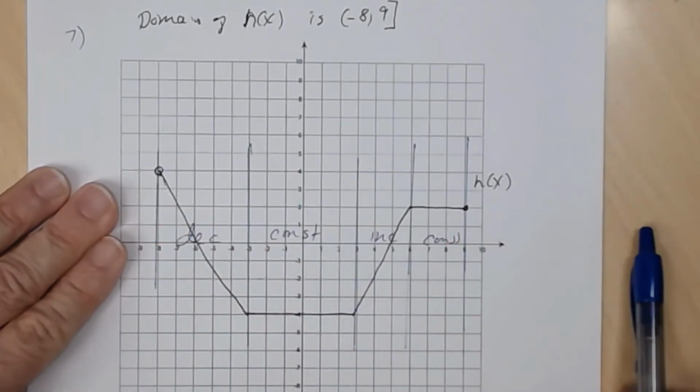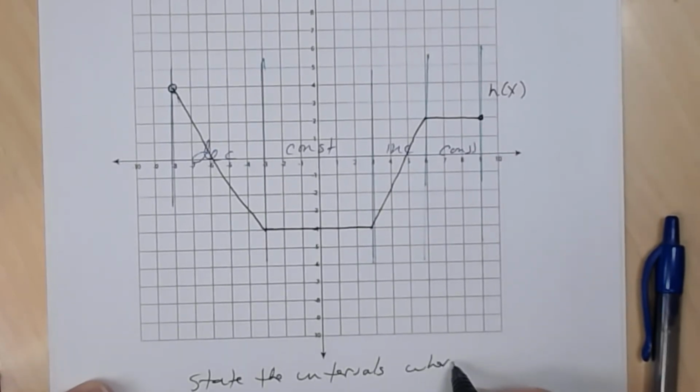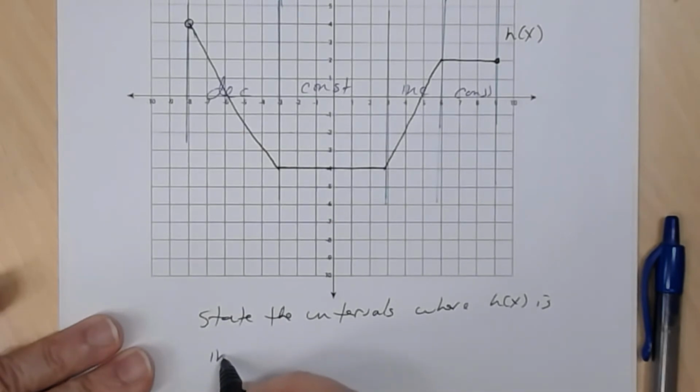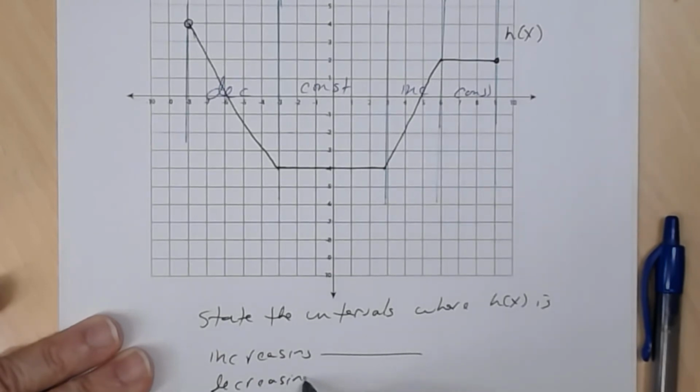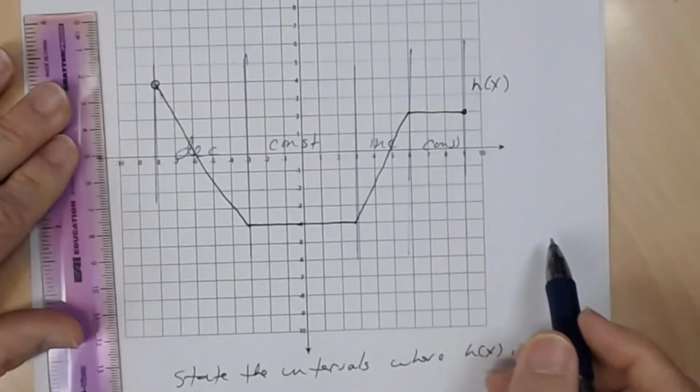Okay? All right, so now we can answer the question. State the intervals where h of x is increasing, decreasing, constant. Okay? Intervals where h of x is increasing, decreasing, constant. All right. So it starts here.